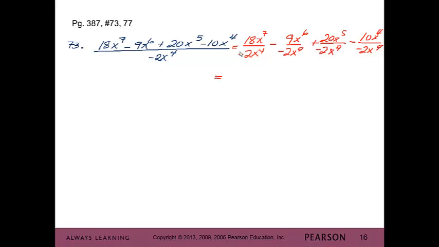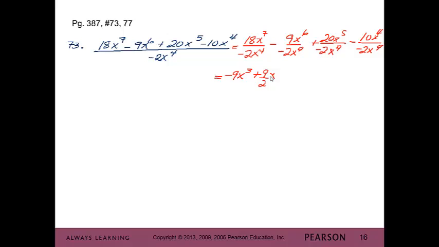So remember the rules for dividing monomials. Divide the coefficients into each other, keep the base, and subtract your exponents. So 18 divided by negative 2 is negative 9. Keep the x, and then 7 minus 4 is 3. And then negative times negative, well, that makes positive. And we cannot divide 9 by 2, so we're going to keep it as 9 over 2.